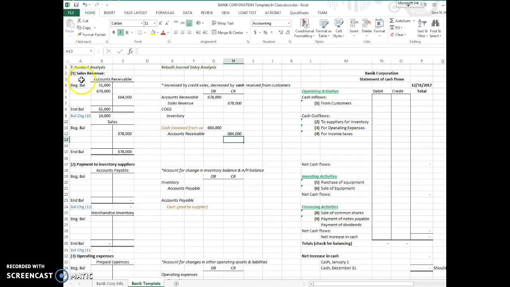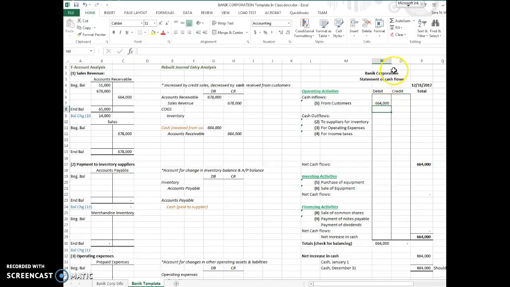So as you can see, the entries that we had on the far right have been now translated to some rebuilt journal entries. We'll deal with the cost of goods sold here in just a minute. But what's important is that the cash received from the customers, $664,000, that is what we want to go ahead and move over to our statement of cash flows. So it's going to come over as a debit.